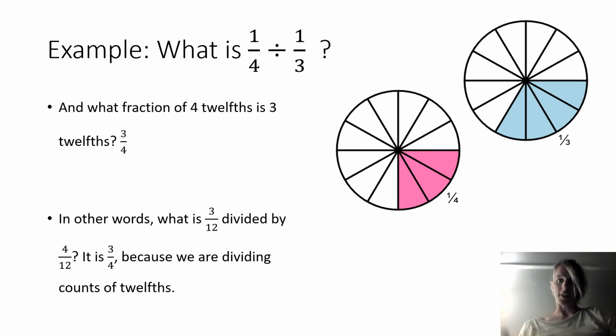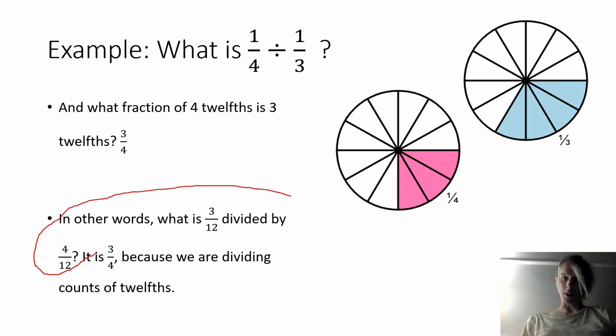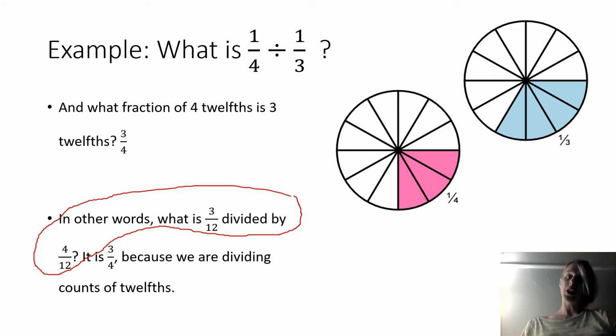And so now we're ready to discuss, well, what is 1/4 divided by 1/3? What's our new explanation? Well, we turn the original question into what's 3/12 divided by 4/12. Well, 3/12 divided by 4/12 is the same as 3 divided by 4. Because 3/12 divided by 4/12, it's asking what measurement is 3/12 of 4/12.